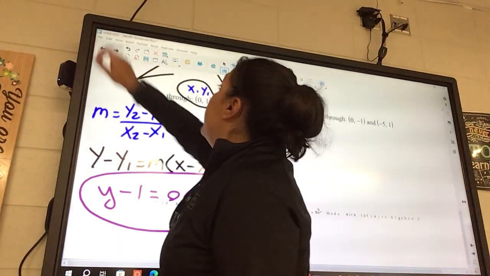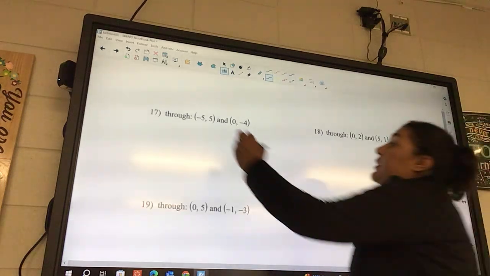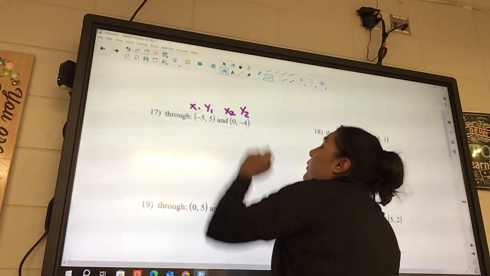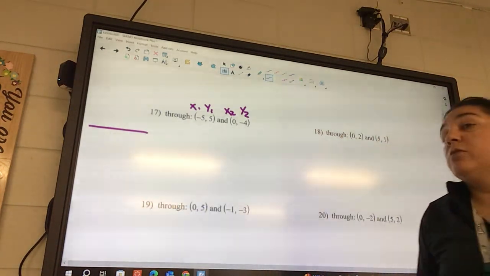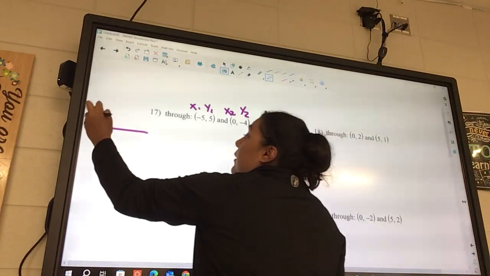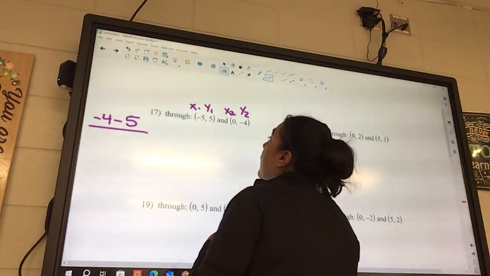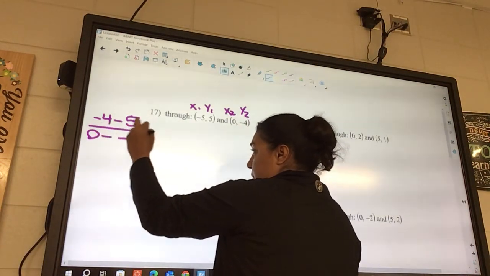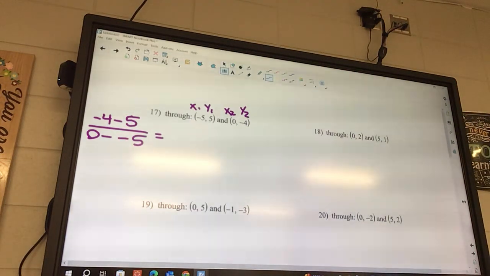Okay, so look at number 17. We're gonna say x1, y1, x2, y2. So it's gonna be y2, so -4, minus y1, which is 5, over x2, which is 0, minus x1, which is -5. Type that in your calculator, see what you get.